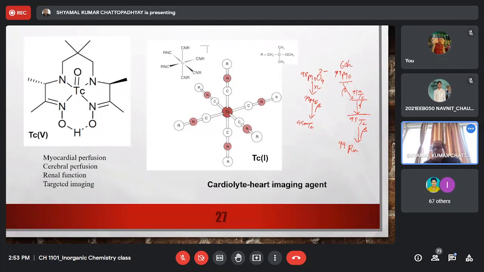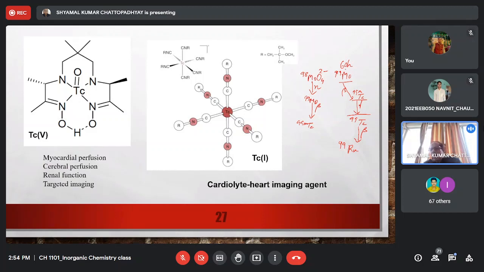So you can take molybdate, bombard it with neutrons in a nuclear reactor or a cyclotron, and produce this radioactive molybdenum. Because its half-life is relatively large, it can be transported from the reactor or cyclotron site to the hospital.